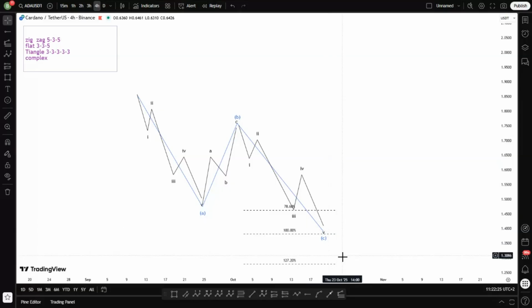But when it extends further to 1.618, then we disregard this one as A and this one as B, and we relabel it as 1 and 2.